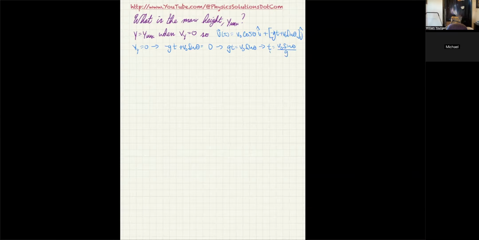Now that's actually t at y max, so I need to subscript it that way so we know what that t means. So t y max is equal to v0 sine theta over g. So now we know at what time the max height is reached. Now we just need to figure out what y is at that time.